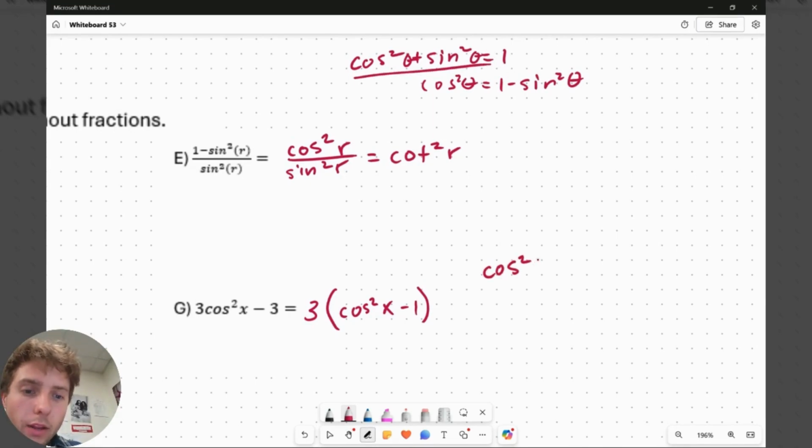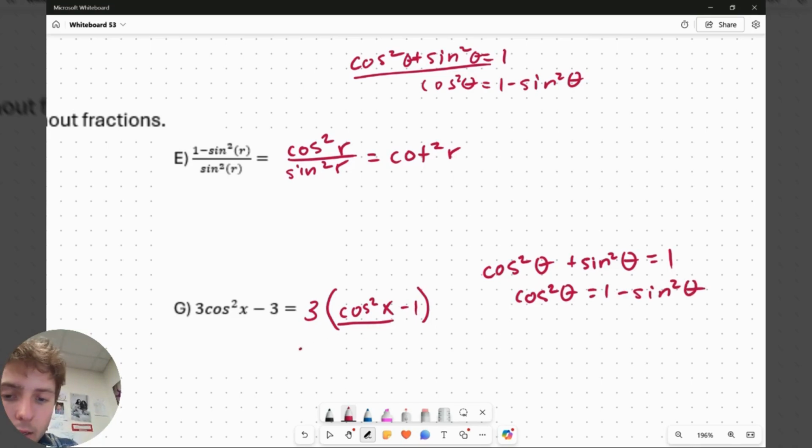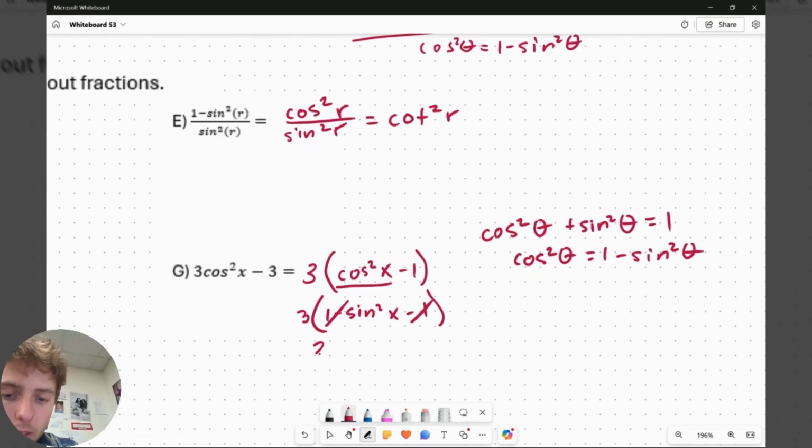Cosine squared theta plus sine squared theta equals 1. And again, we need to manipulate this. Or, better yet, I see cosine squared theta. Let's get that part by itself, like we already did. So now this can become 1 minus sine squared x in this case, minus 1. Well, notice the 1's cancel. So all I'm left with is 3 times negative sine squared x, which is negative 3 sine squared x.